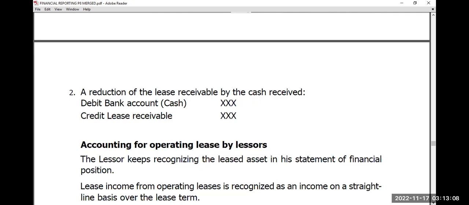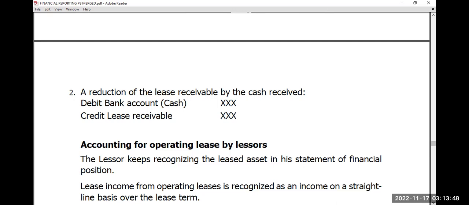That is one. Then the second thing, we are supposed also to reduce that lease receivable by the money that we have actually received by the end of the year. Because if you sign the contract, they may give you some part of the money, and when they give you the money, of course, you debit the bank account or the cash by the cash you have received, and you credit the lease receivable, because now part of the money has been received.